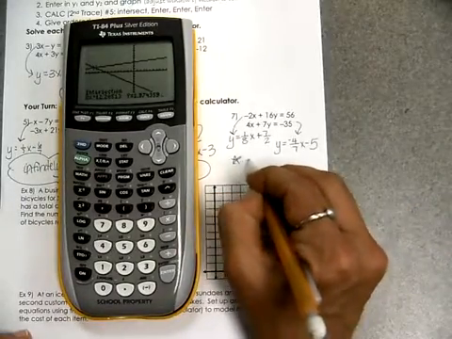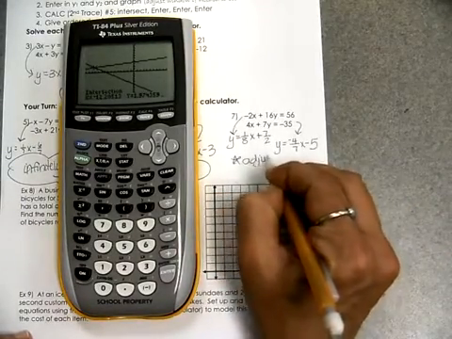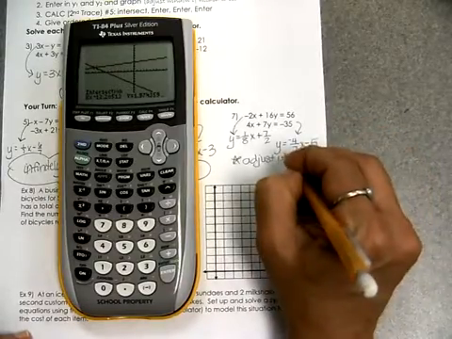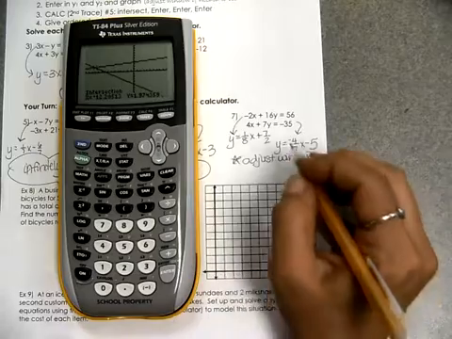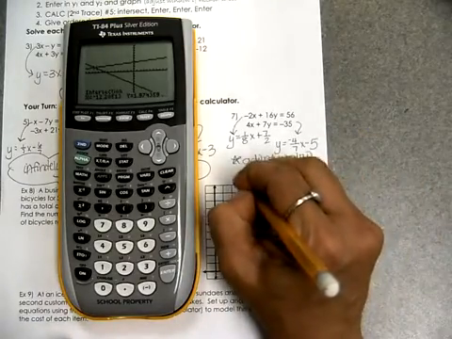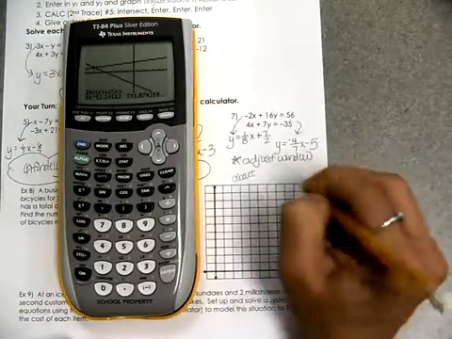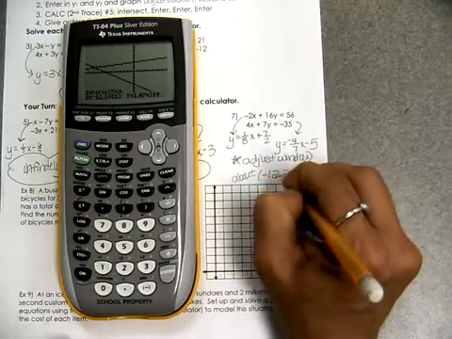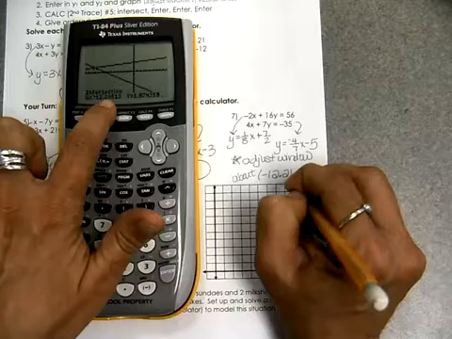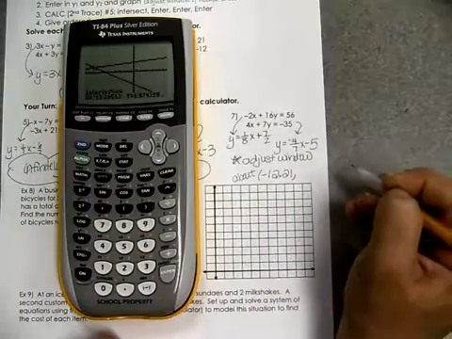So notice that here we had to adjust what's called the window. And our intersection was approximate. It was about negative 12.21. Oftentimes hundredths are a good thing to round to if they don't tell us.